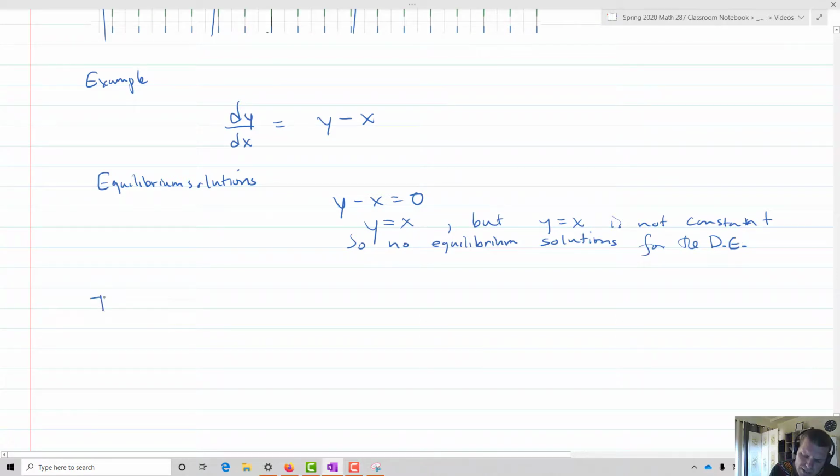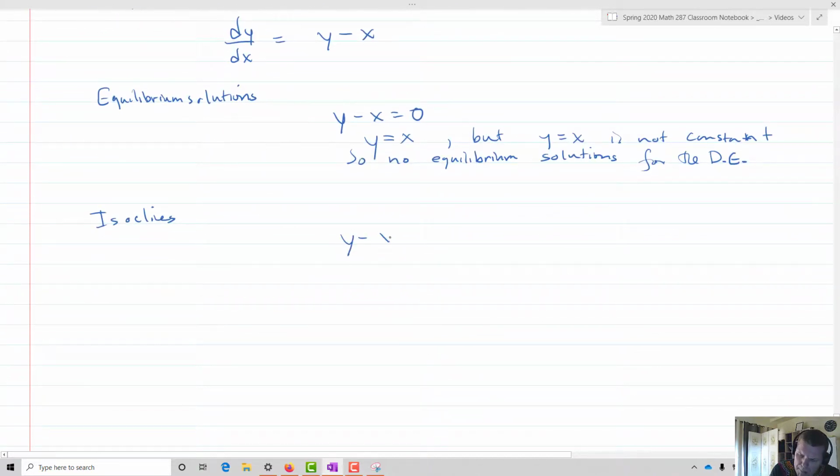What about isoclines? Now let's set y minus x equal to k, and look at what happens with individual values of k. So we'll take k equal to negative 1. That would give me y equals x minus 1.